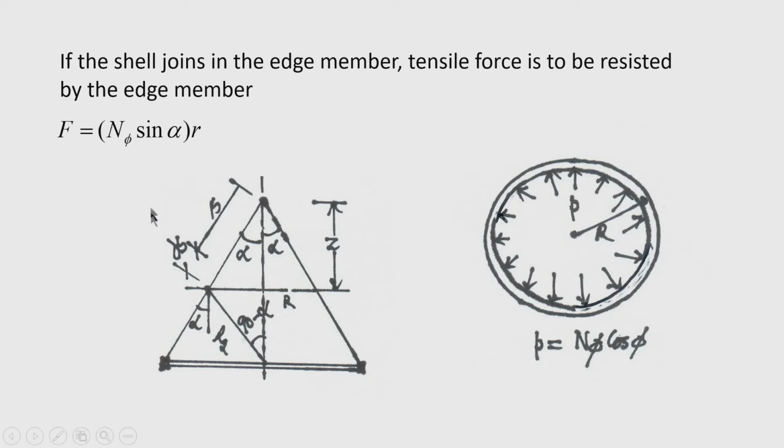Okay. So, all trigonometrical relations that were expressed in terms of alpha can also be converted in terms of phi, if we want to specify the angle with respect to the vertical axis of rotation instead of alpha, and this angle is measured from the vertical axis of rotation towards the shell surface.